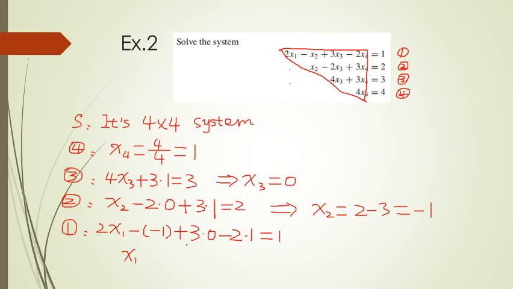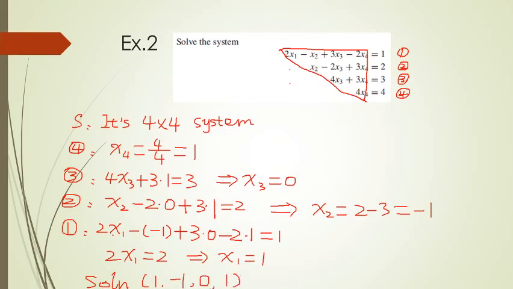So 2x1 equals 2, then x1 is 1. So these are the solutions for this 4x4 system using back substitution: x1, x2, x3, x4.